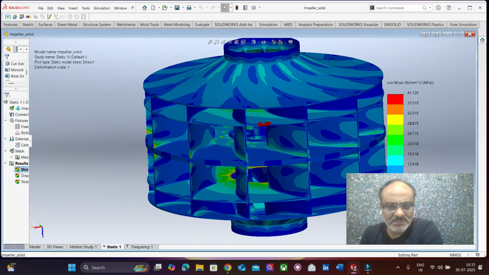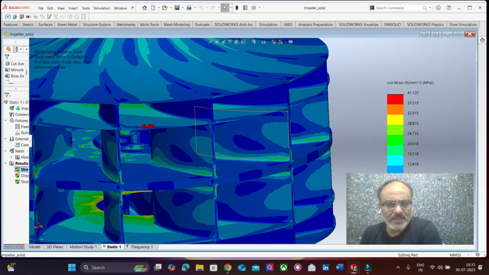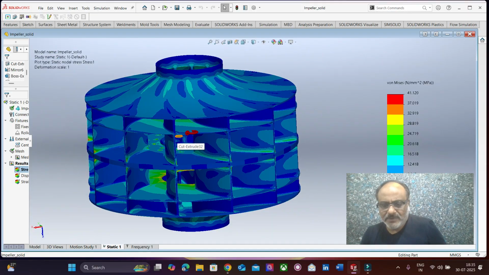Now these local stresses can be eliminated by certain manufacturing processes, either by providing sharp fillets or by deburring the edges. So in this case, we try to deburr the edges. We try to create some small radius so that the stress accumulation becomes lesser.